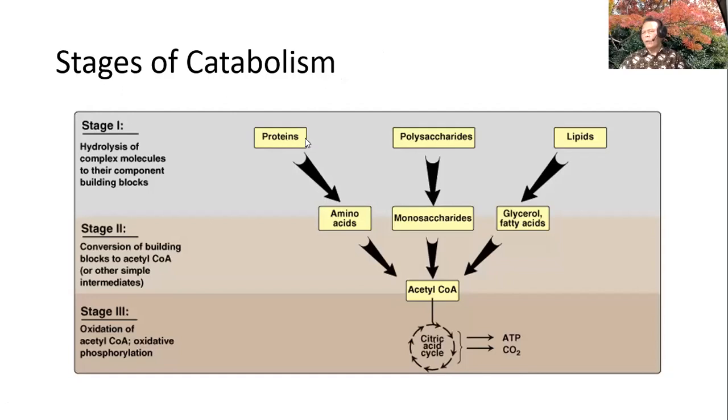Now let's see the steps of catabolism. See this one? Macromolecules: protein, polysaccharide, lipid. The first step is hydrolysis of complex molecules to their component building blocks. Step 2 is conversion of building blocks to acetyl-CoA or other simple intermediates. Then step 3 is oxidation of acetyl-CoA, oxidative phosphorylation.